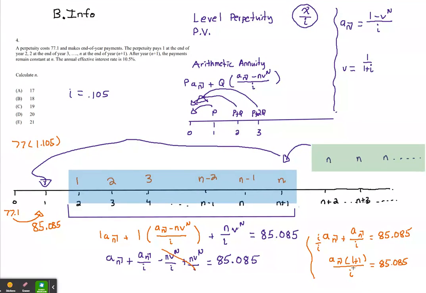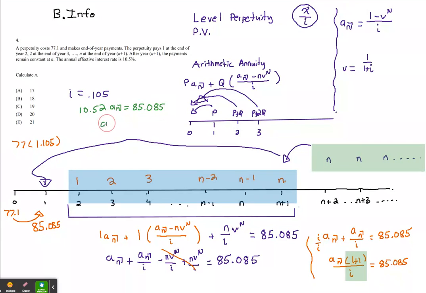Now, we can figure out (1 plus i) upon i, because i is given to us, 0.105. Substituting that in, I end up getting 10.52 times a angle n equals 85.085.